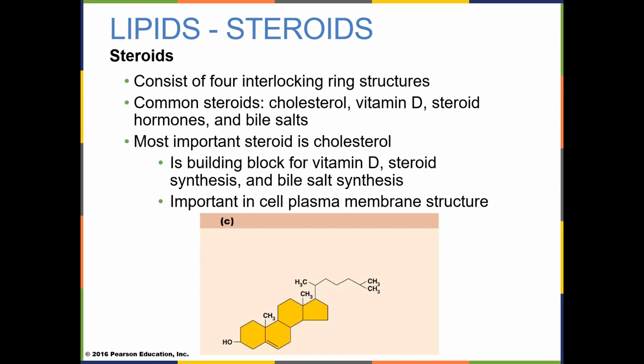These are all going to have very similar structures. They're all going to have these interlocking rings. It's just the functional groups that are going to be different. We see cholesterol embedded in our cell membranes like reinforcing rods, so cholesterol plays a very important role there.